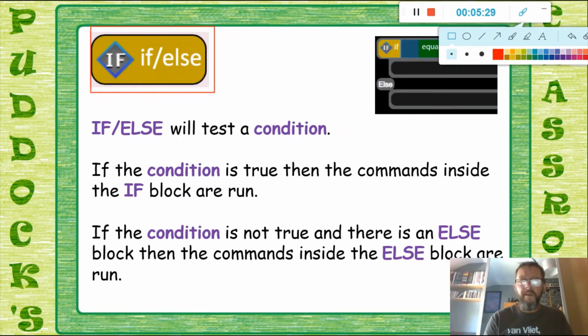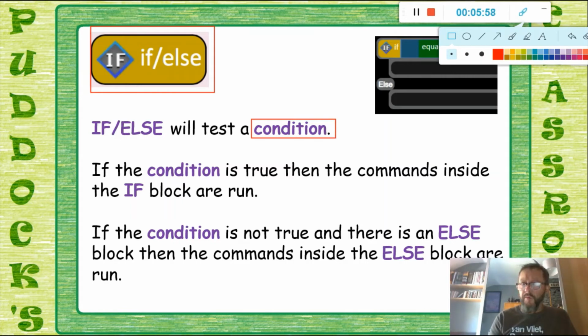What it will do is it tests what we call a condition, the condition of something. So it's really just looking at the value of something. We call this the condition. So we're looking at our variable, and we're going to be checking to see whether our variable is 0 or not 0. That's what we're going to be looking for.